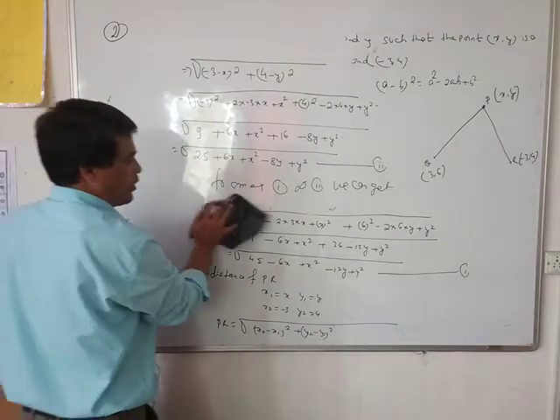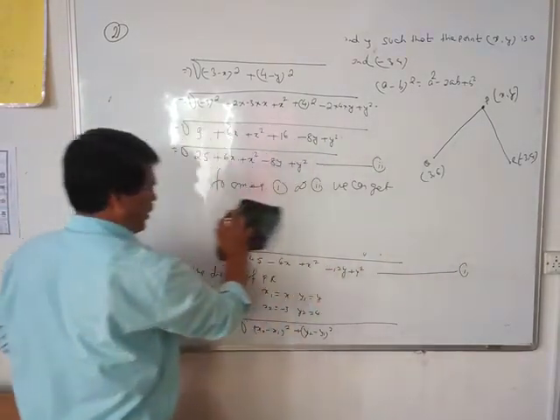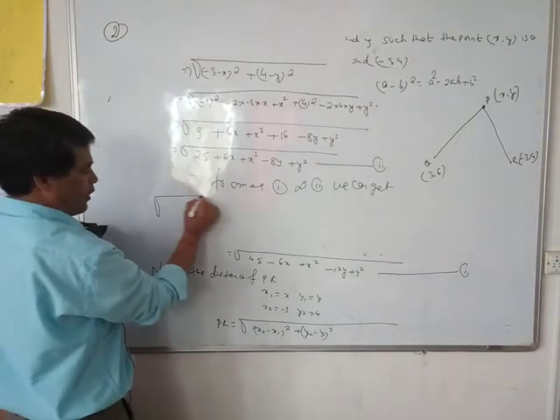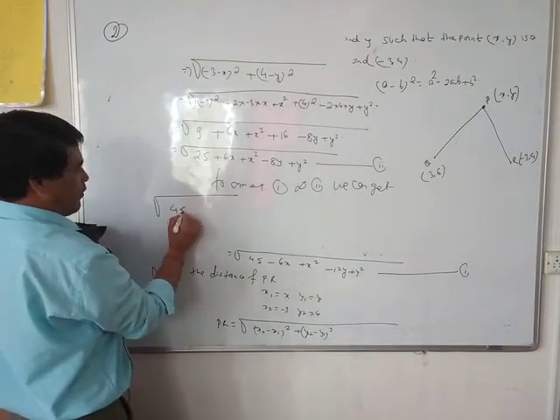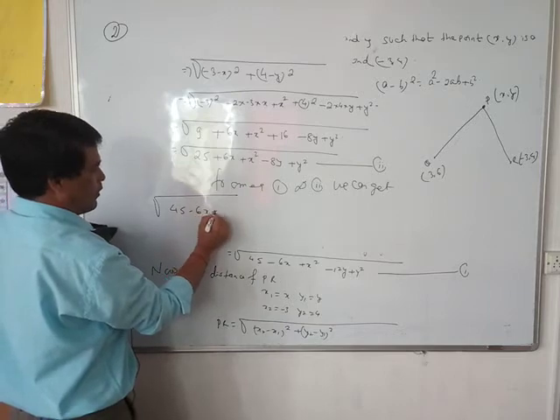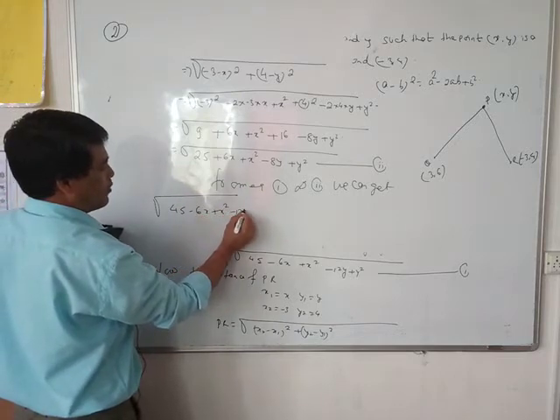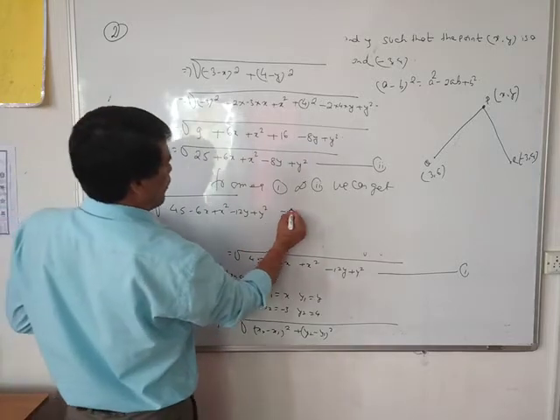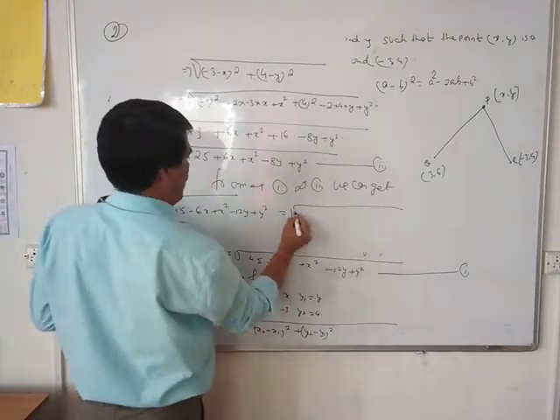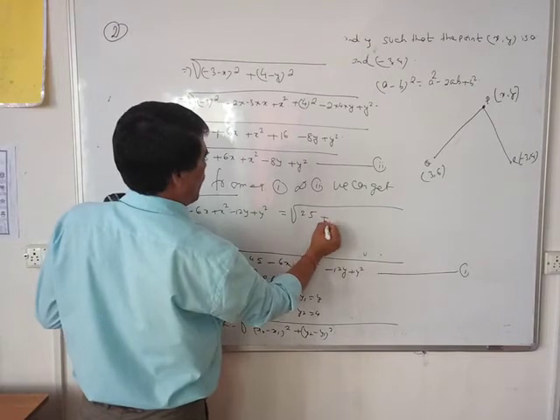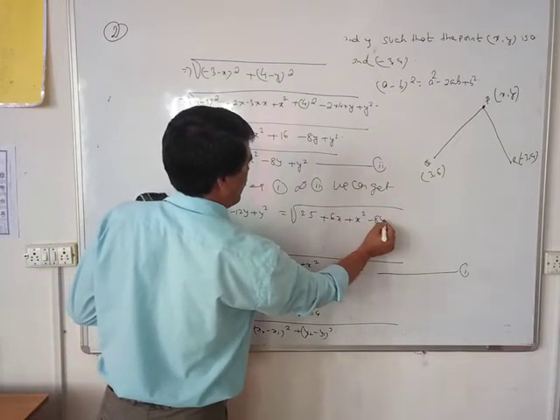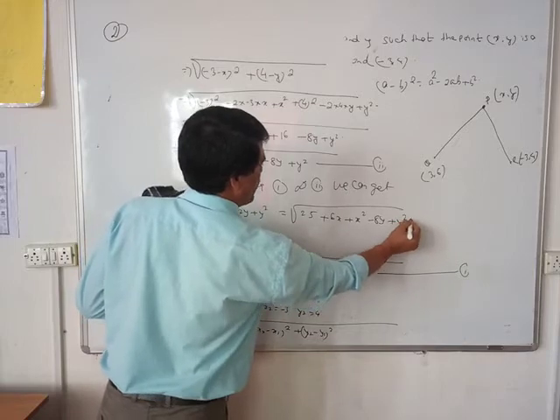So in equation 1, firstly, we write on the left side root over 45 minus 6x plus x square minus 12y plus y square is equal to root over what is given here, 25 plus 6x plus x square minus 8y plus y square.